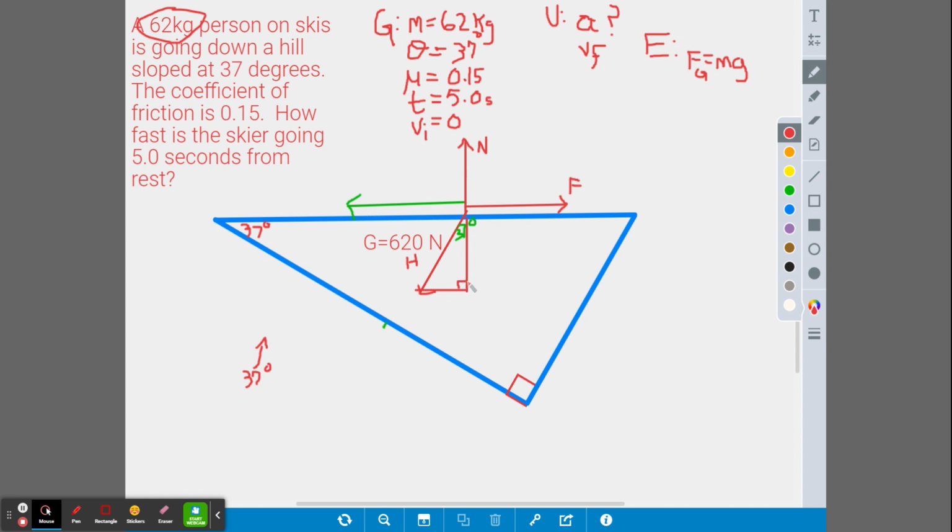Here's our right angle. All right. The angle we're dealing with is right here, 37 degrees. And so this part is our adjacent, and this is our opposite. Now let's remember our next equation, we're going to use SOHCAHTOA to decide which trigonometric function we should use.